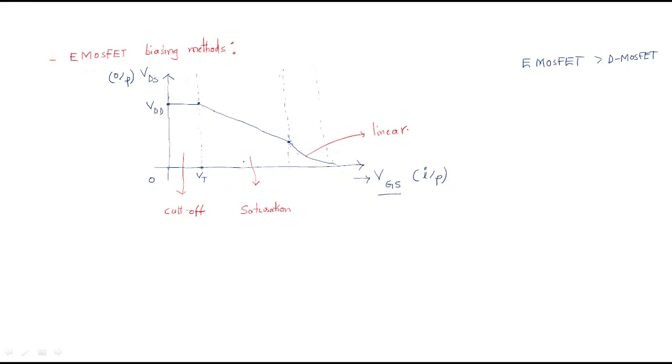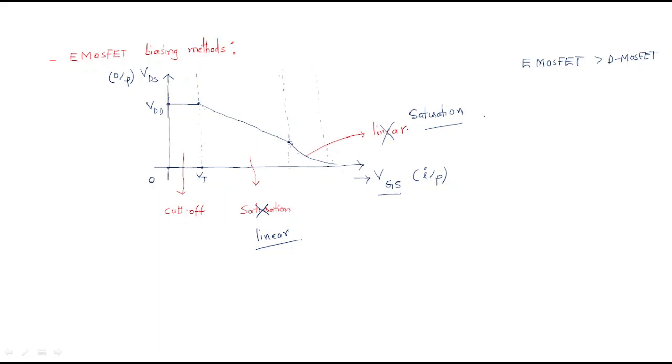Generally, I think this is reversed, so you should interchange it. First the cutoff region will come, then the linear region will come, and after that the saturation region will come.